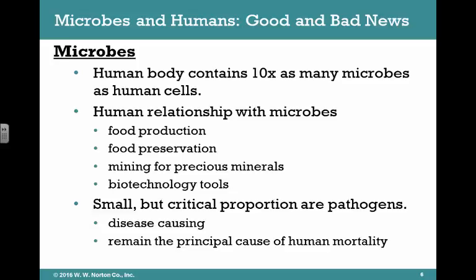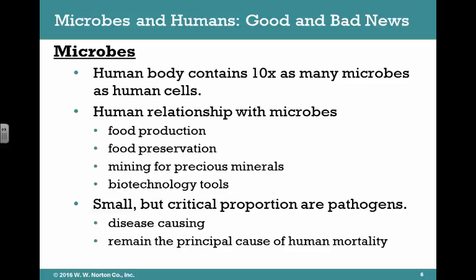So I use two terms, microbes and microorganisms. They're usually used interchangeably, but I'll come to a key difference in a moment. But as far as microbes and humans, there's good news and bad news.